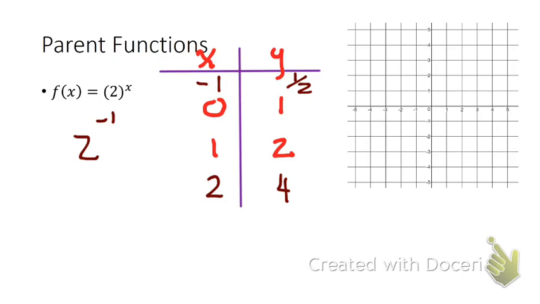We can plot those points, and then we should be able to get a pretty decent graph of our function. I'm going to start with the first two I did, the 0, 1 and the 1, 2. And then when x was 2, y was 4, and when x was negative 1, y was 1/2.